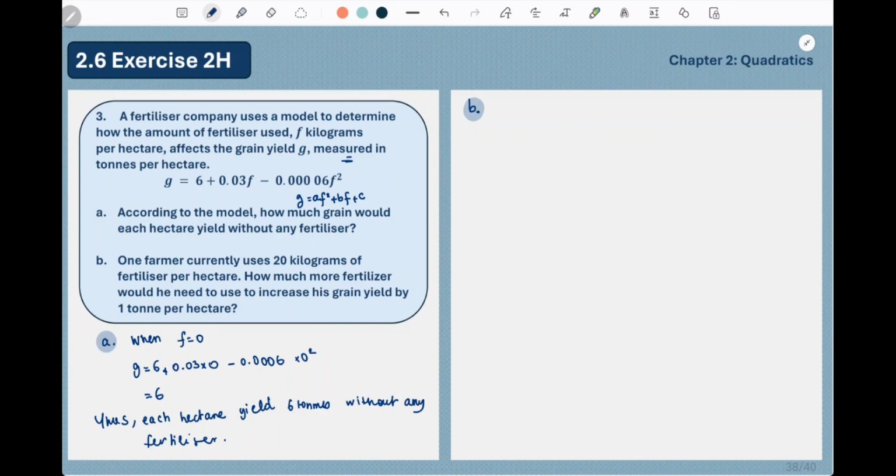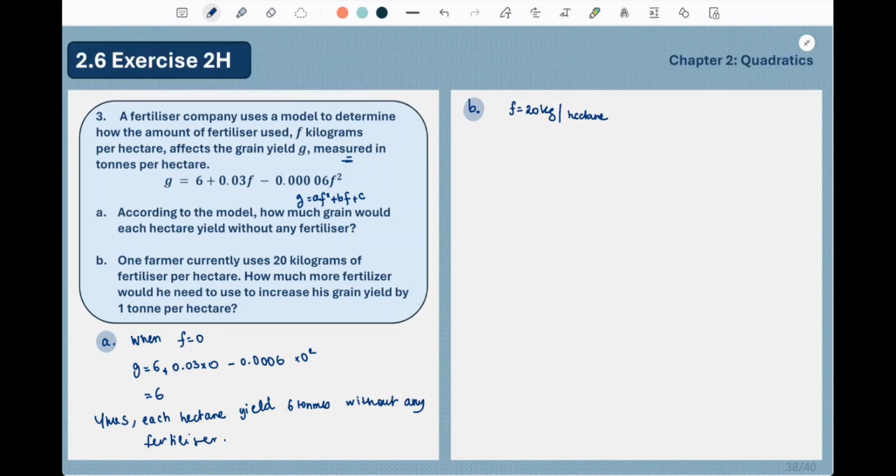hectare. So we know that F is equal to 20 kilograms per hectare. I'm writing every piece of information I have because it will be useful later. Now I'm asking how much more fertilizer he would need to use to increase his grain yield by 1 ton per hectare.